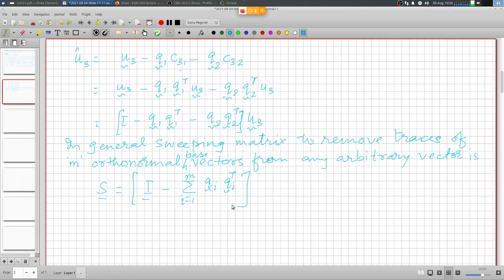So subsequently any vector can be made orthogonal to the previously computed M base vectors by multiplying with this sweeping matrix, and after normalizing to unit length, one more term can be added to this, and subsequently the new sweeping matrix can be used to derive the orthogonal vectors.